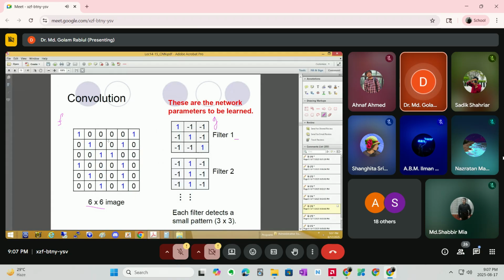As I already mentioned, for the case of an image, we have to divide the image into patches. Here we can see the filter. This is our g. The filter is 3 by 3, so we have to divide our image into 3 by 3 patches. So here is the 3 by 3.